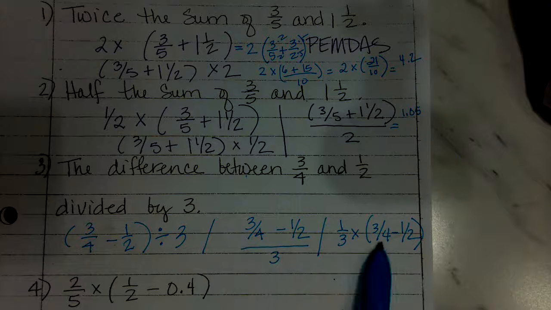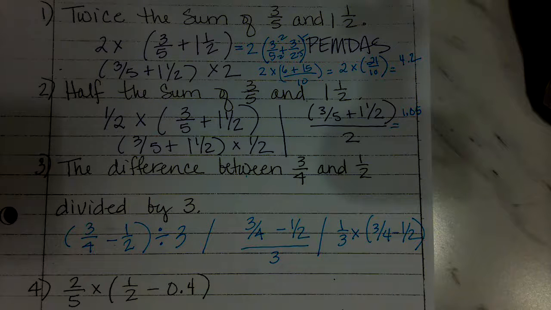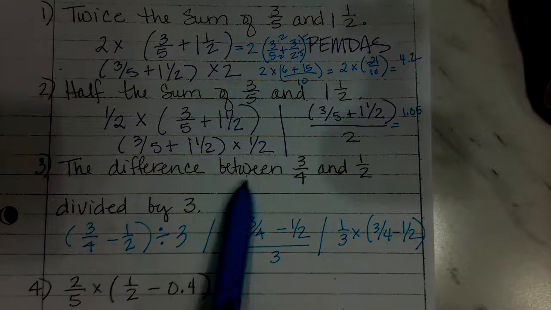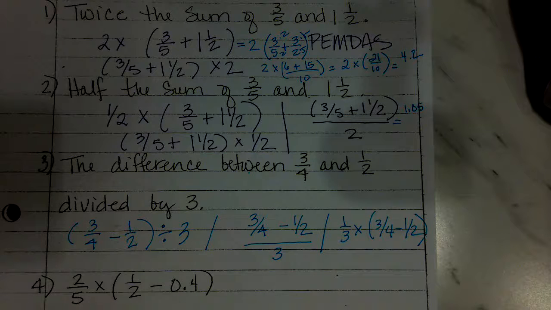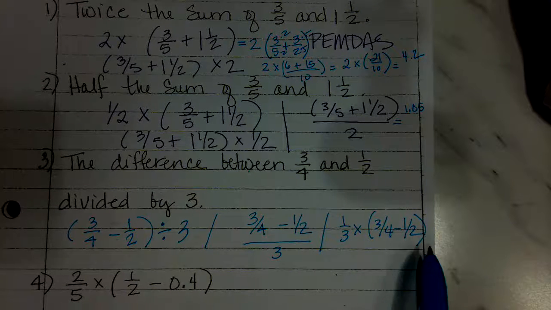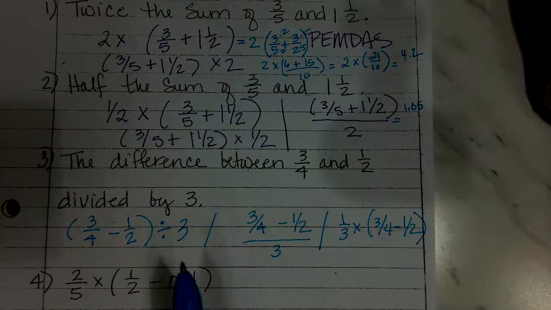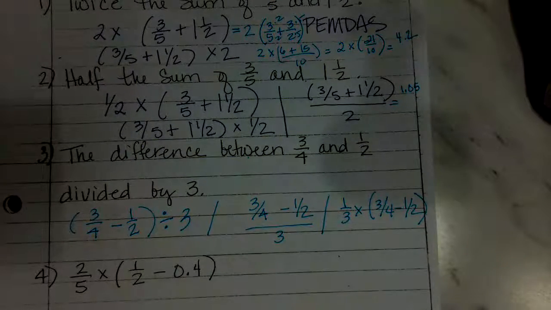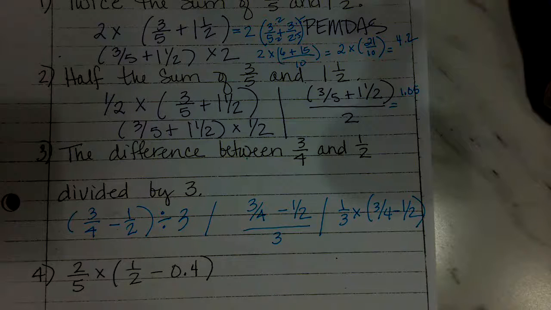All of these are the same thing, but you can just write this different ways. Maybe your brain sees it a different way. But for me personally, following the words makes it the easiest. So dividing by 3 is the same as taking a third of something, so we can multiply the subtraction expression by a third. So there's 3 different ways to write this problem, and you are perfectly mathematically sound.